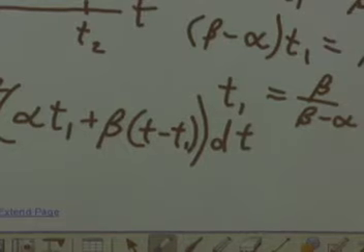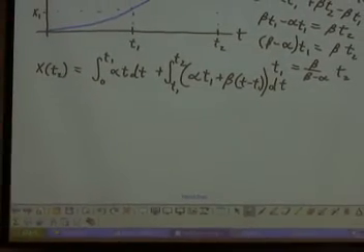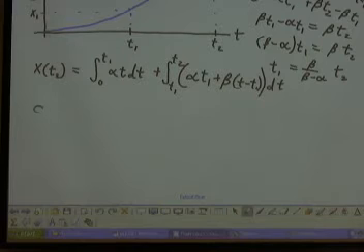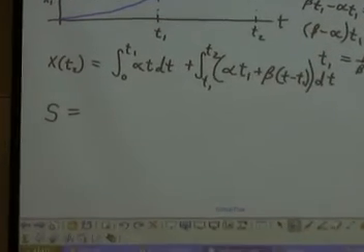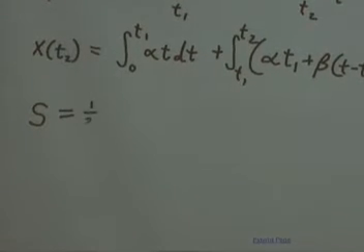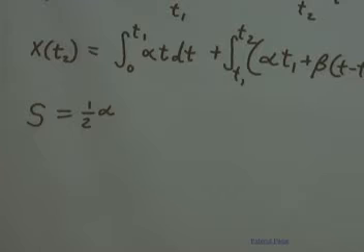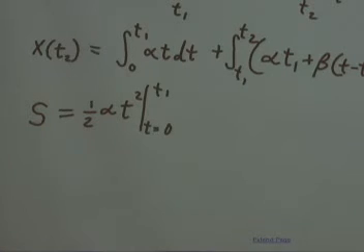Okay. So now we'll carry out this integration, recognizing on the left that the value that we should get is S, the distance between the two train stations. We'll go ahead and fill that in. Here we'll have 1/2 alpha t squared evaluated from t equals 0 to t1.